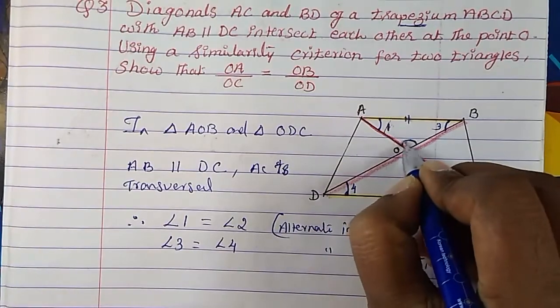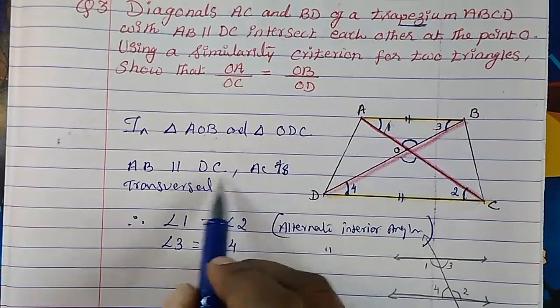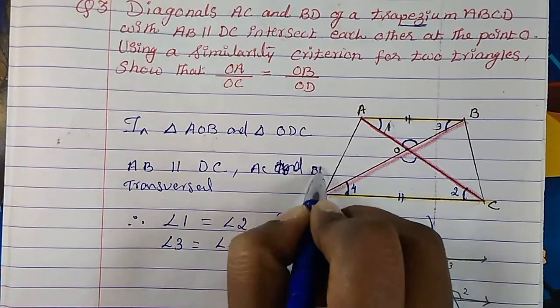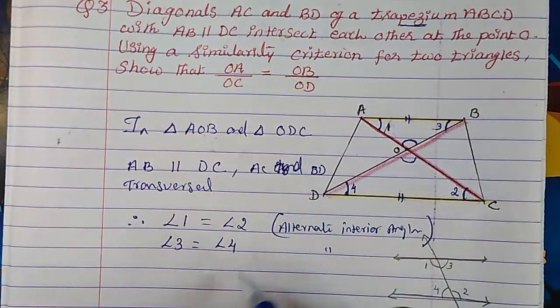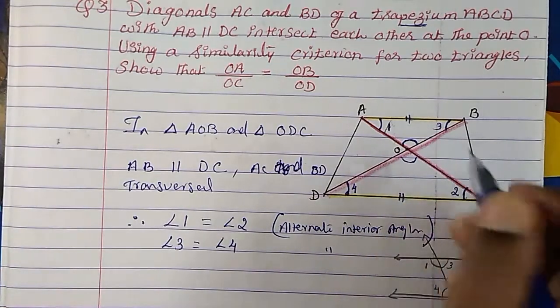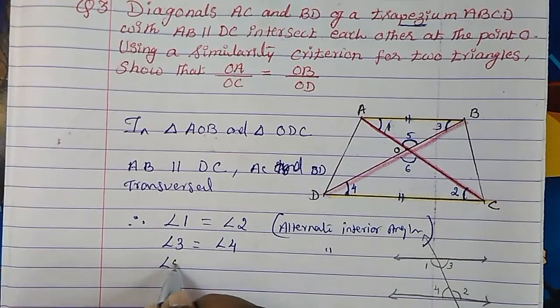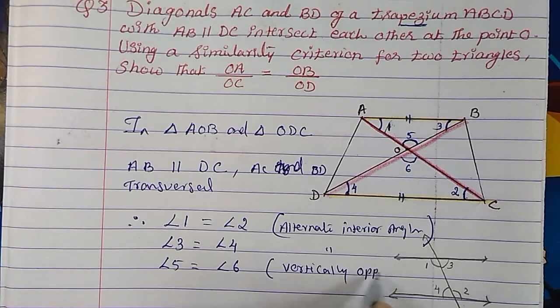Here AC and BD, AC is a transversal and BD is also a transversal. That's why we are writing it so. Now if you take angle 5 and 6, angle 5 will be equal to angle 6 because they are vertically opposite angles.